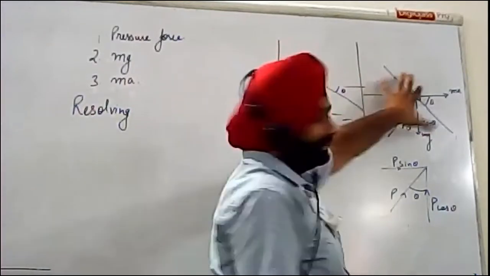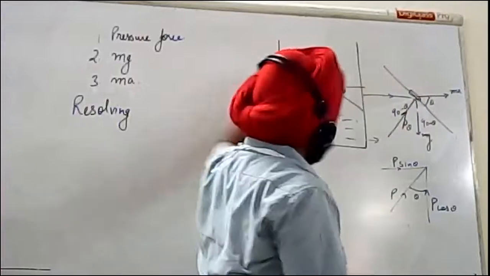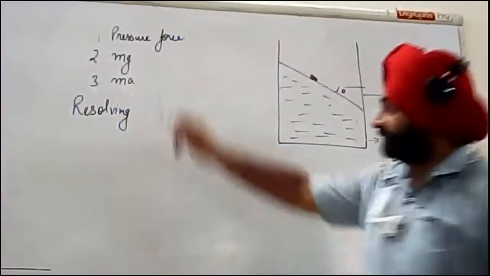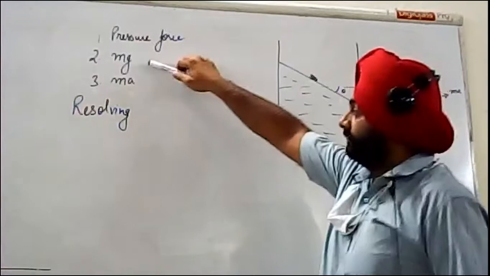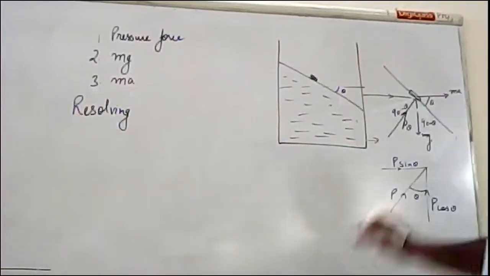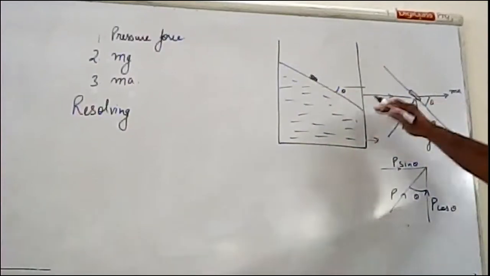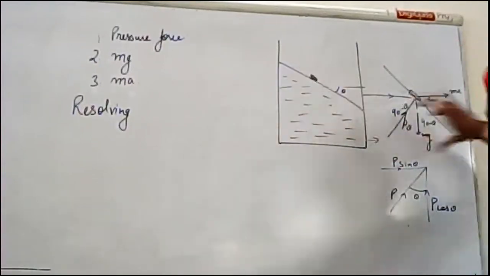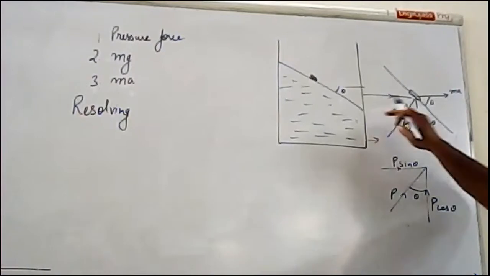Now let us take or solve the components of this particular force. There should be three forces: force due to weight, and the third one is force due to motion of that particular object. So coming in this direction, the force because of the movement of this truck with acceleration a.